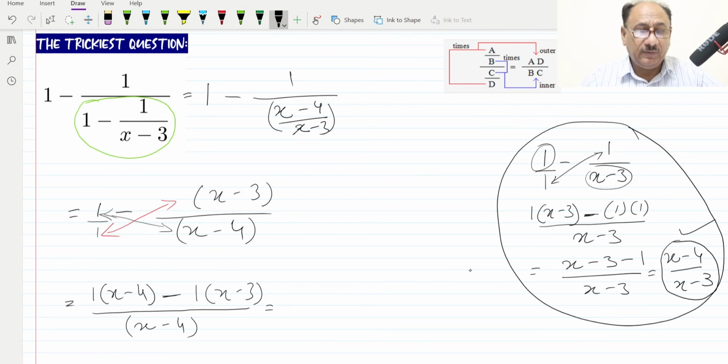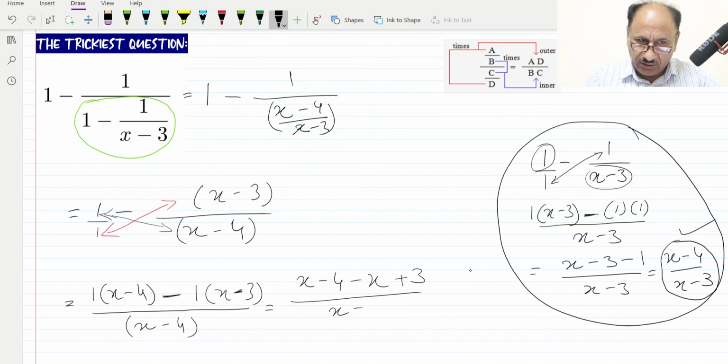Now we can open the brackets, and this will be x minus 4, and minus multiplied by x will be minus x, and minus multiplied by minus 3 will become plus 3, divided by x minus 4. Now further we can simplify whatever cancellations are possible.